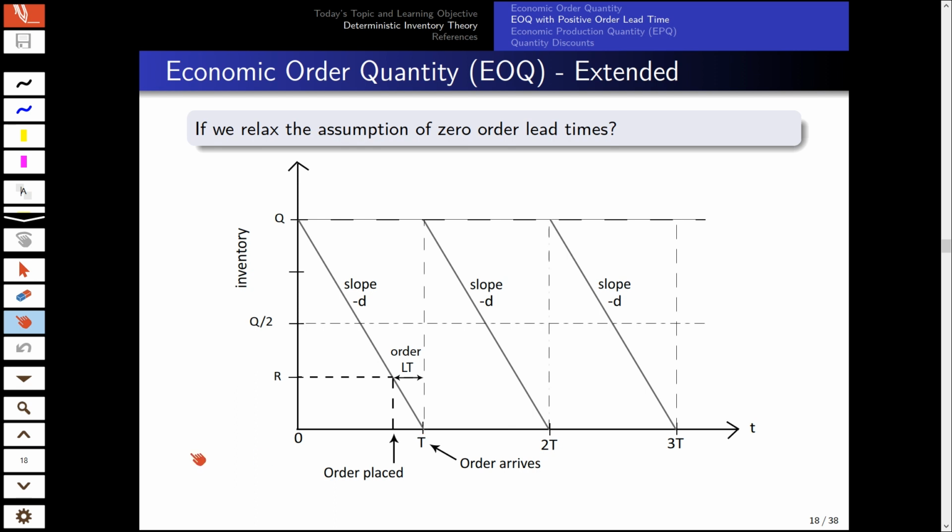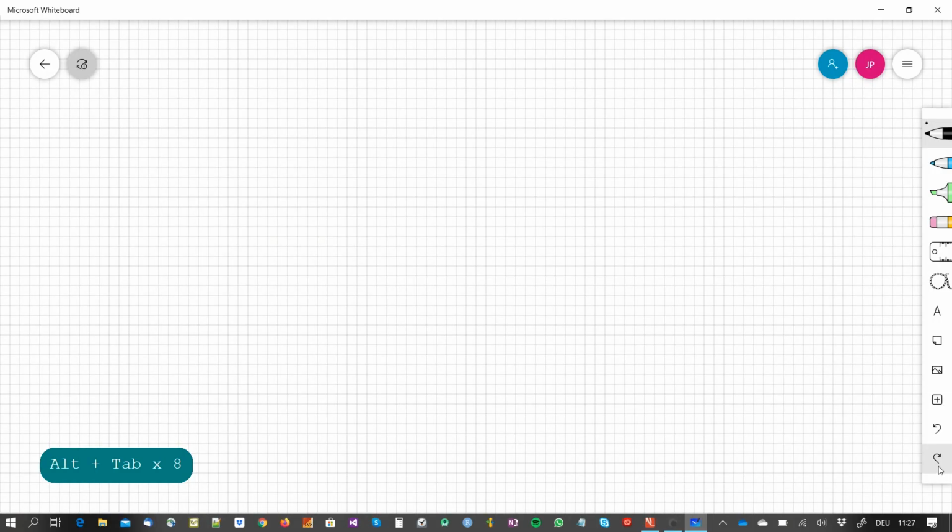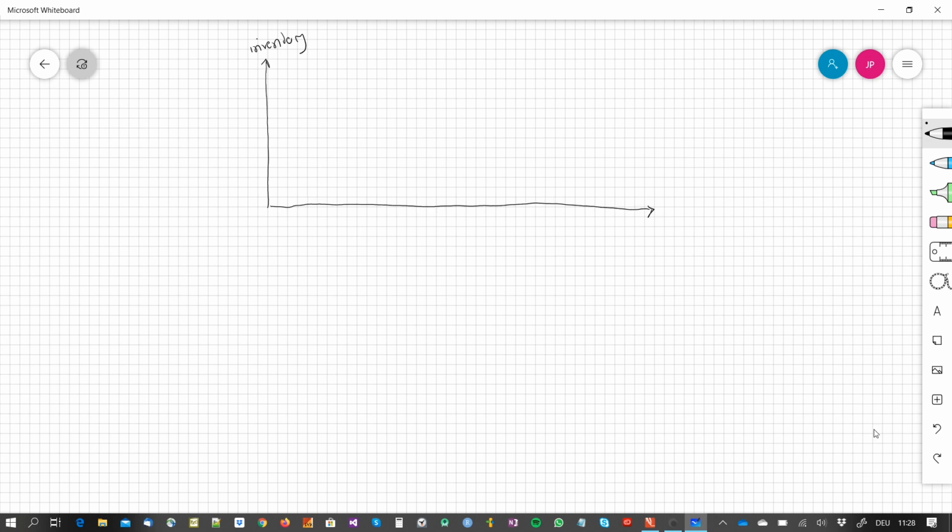And I will show you now how we can derive the mathematical expression for that case. For this purpose, we take the whiteboard and we extend our graphic a little bit to regard more than one cycle.